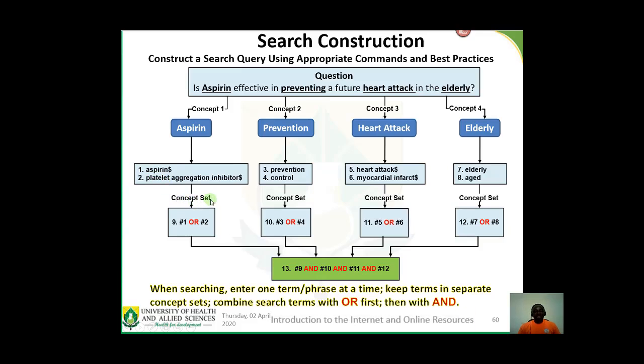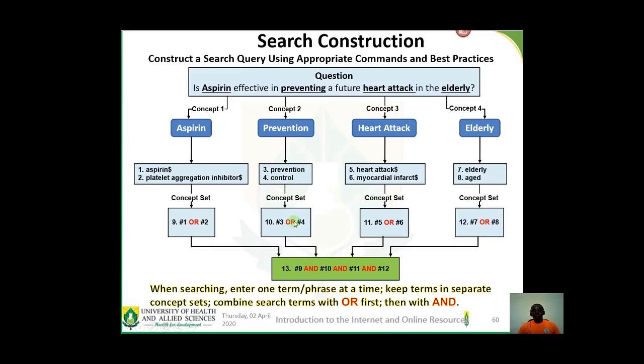Concept sets are usually enclosed in brackets, and the Boolean operator OR is used to connect them, which means retrieve for me documents that use this term aspirin, or instead of aspirin use this term platelet aggregation inhibitors. Take for me documents that use the term prevention or the term control.